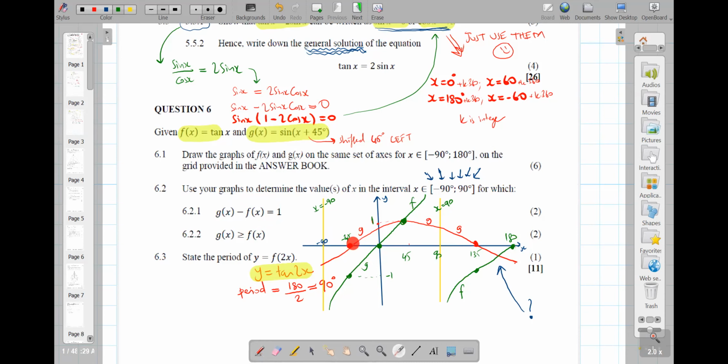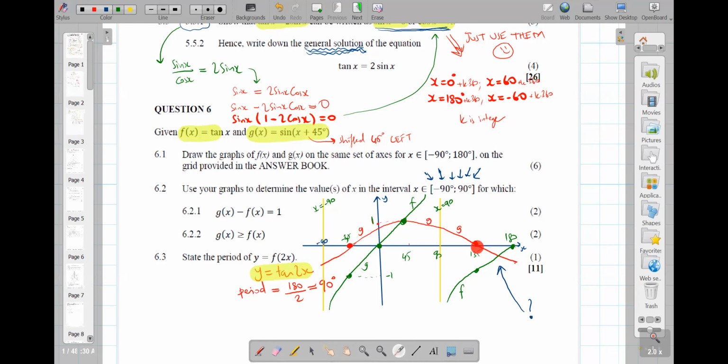You can clearly see it is when x is minus 45. G is one above, the red line is one above the green. And then the green gets closer and closer. You see, the green and red get closer and they intersect at 45. And then green is more. We don't want it. The only answer here, where it is one more, is minus 45.